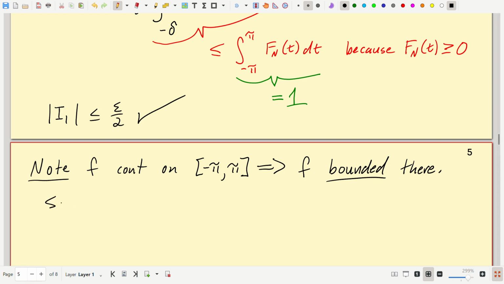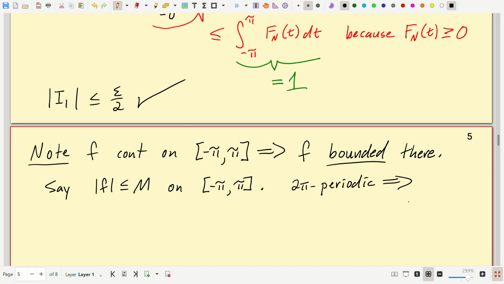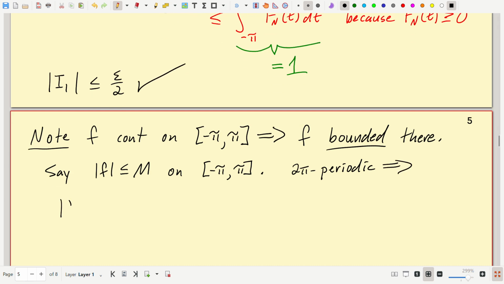So being bounded means absolute f is less than or equal to something, M, on minus pi to pi. Well, 2 pi periodic means it's bounded by M on the whole real line.